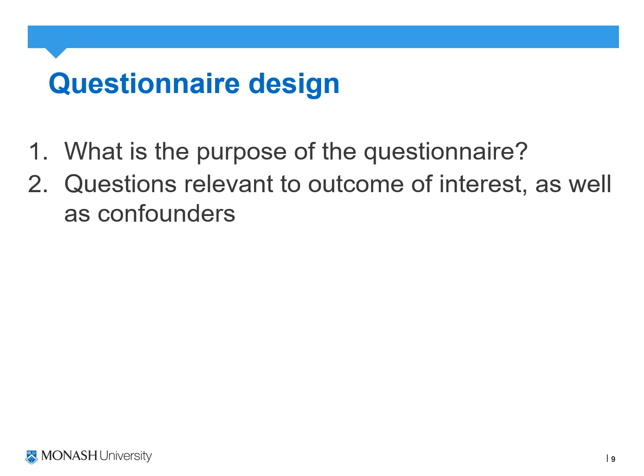Secondly, we want to, I guess, obviously have questions that are relevant to the outcome of interest, but we also want to identify whether there are any other confounders that may influence our outcomes in any way.